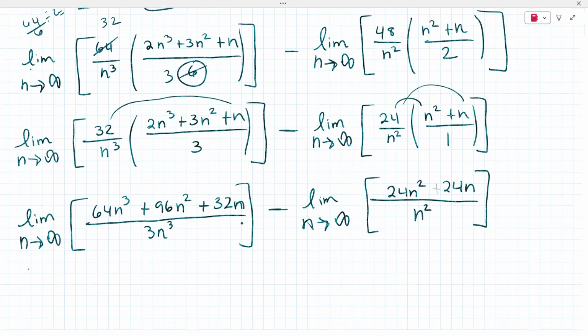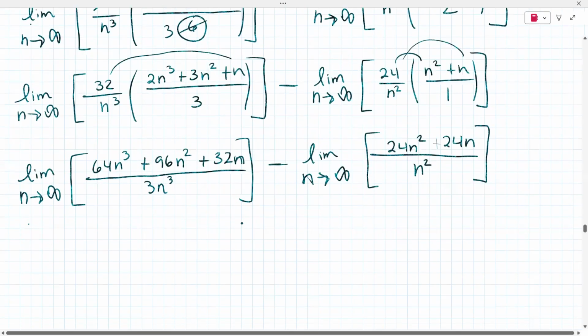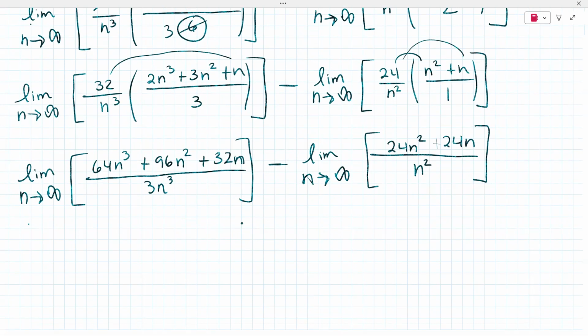So now, how do we solve this? Because our final answer has to be an actual value. So you kind of have to know your horizontal rules, because what is a limit? This is a rational function, right? And what is the limit of a rational function? It's the horizontal asymptote. So you need to know your HA rules. So this is going to be the limit as n approaches infinity.